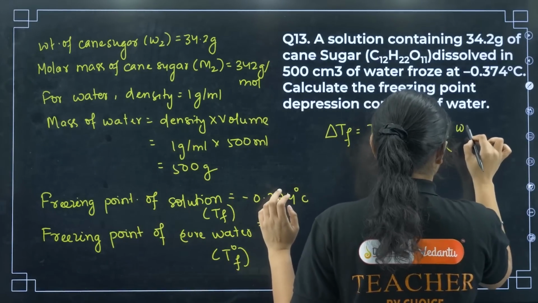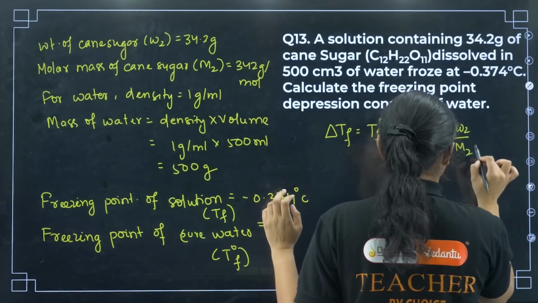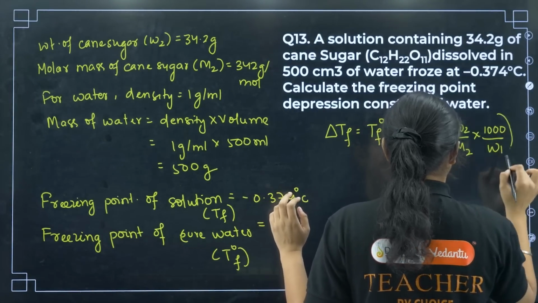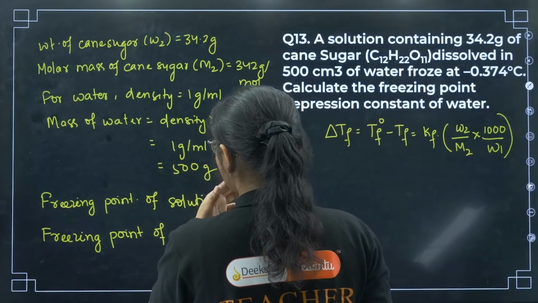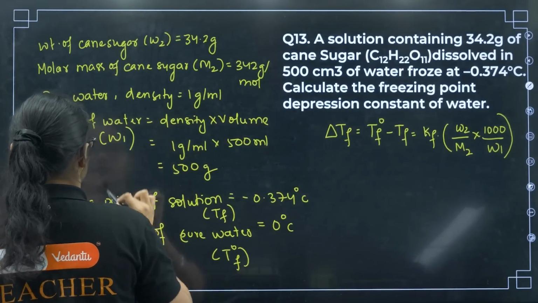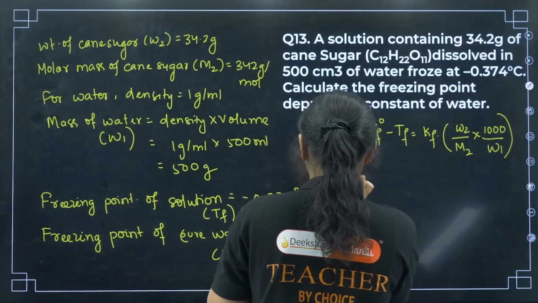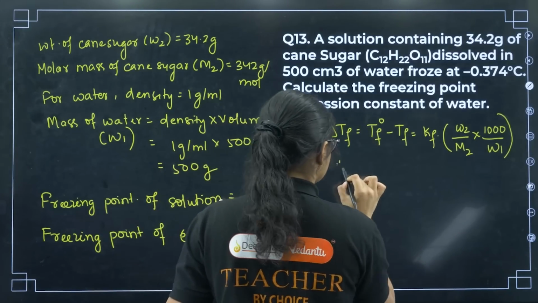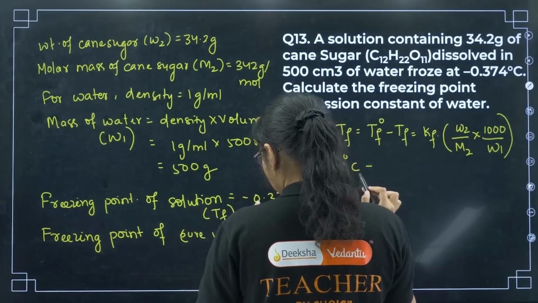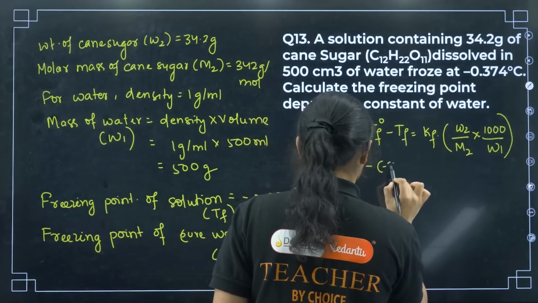So it is W2 by M2 into 1000 by W1, right? I have mentioned all the values. Yes, mass of water is equal to W1. Okay, now I can write delta TF is 0 degree Celsius minus TF is minus 0.374.